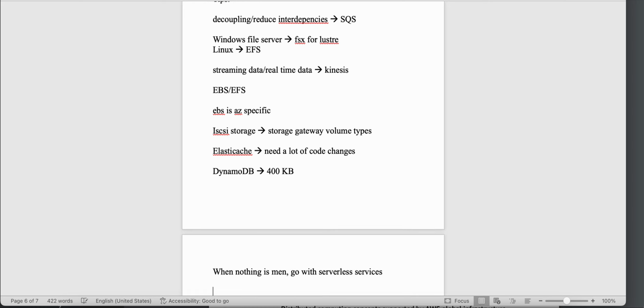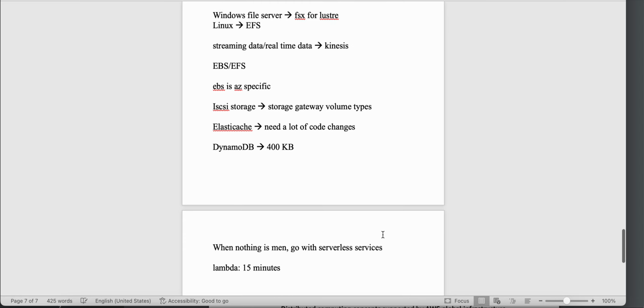And one more thing, if you're using Lambda, remember that the timeout limit is 15 minutes. There are multiple questions, because Lambda is a serverless service and it's easy to use. So read the question carefully, it says how much time the processing takes. If it's taking more than 15 minutes, you cannot use Lambda.